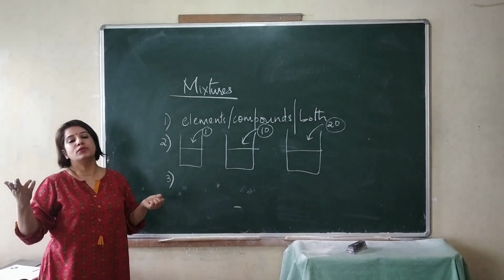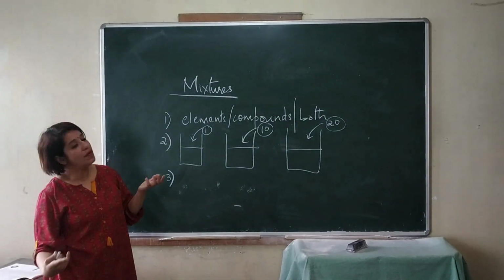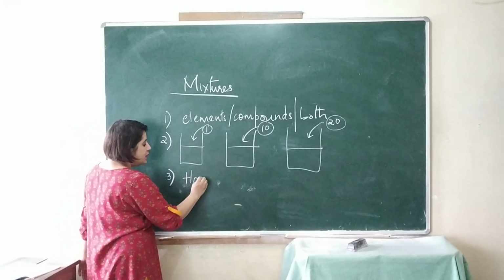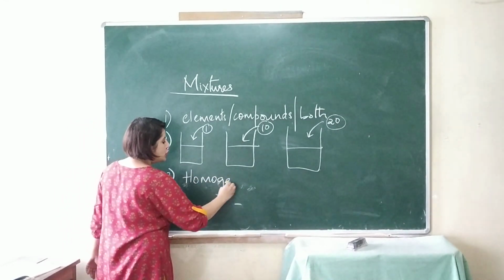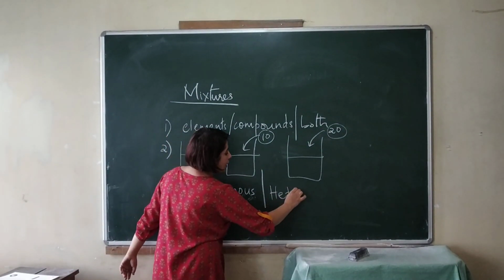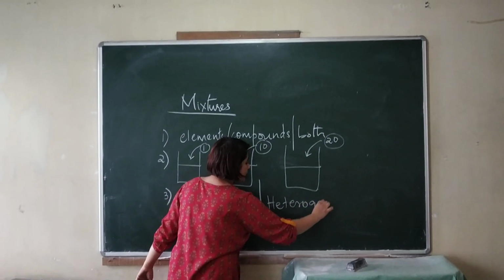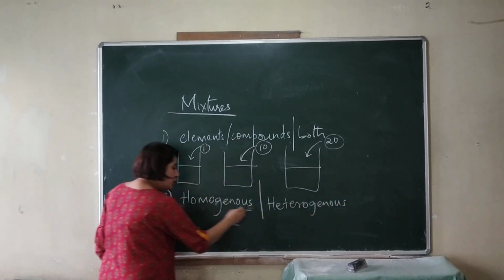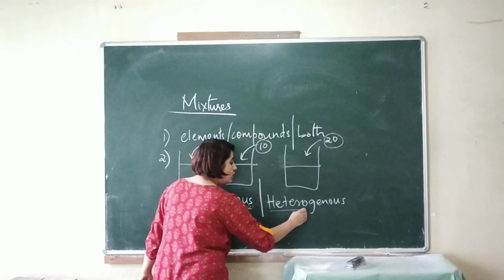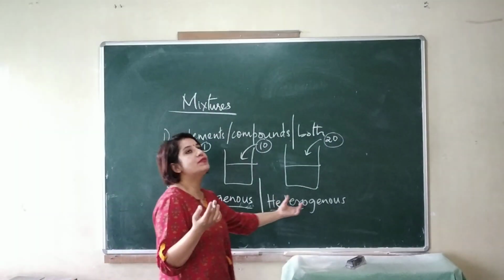That means 2 atoms of hydrogen and 1 atom of oxygen. Whereas a mixture can be homogeneous or it may be heterogeneous. Homogeneous, I've already explained, is same throughout. Hetero means different, so different throughout.